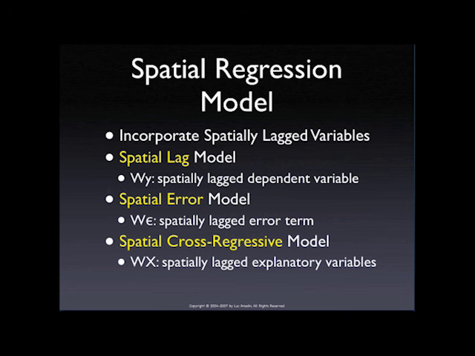The spatial error model, where we bring W epsilon, the spatially lagged error term, in the disturbance. And then a model that we'll talk less about, and I'll clarify in a minute why, what is referred to as a spatial cross-regressive model, when you bring spatially lagged explanatory variables, Wx, into the specification.